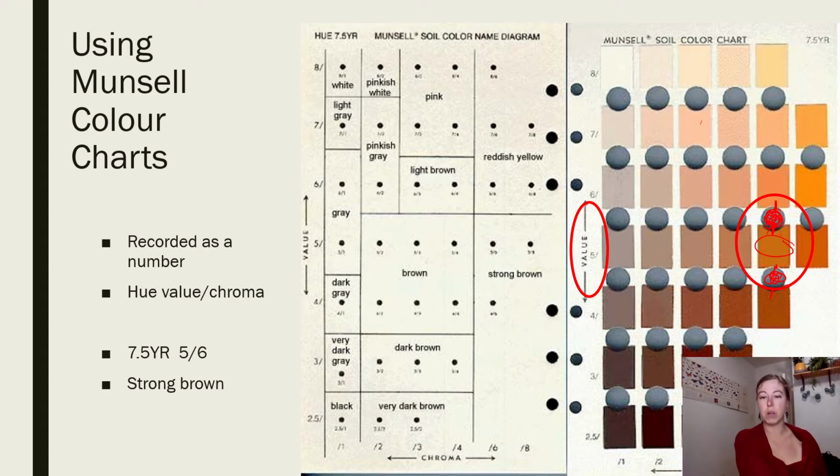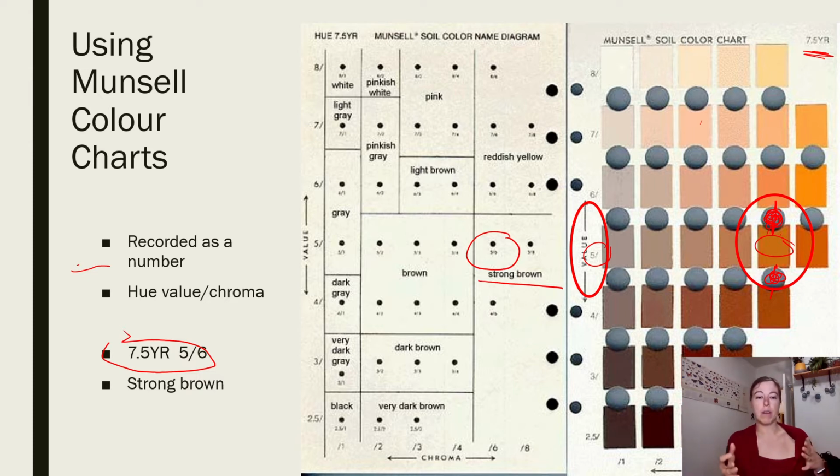If you decide on this one, then you have 7.5 YR, value 5, and then underneath my face here it's chroma 6. And that's how you would write it over here. And that happens to be this spot, which is strong brown. So that's how you'd write it in your profile. Strong brown, 7.5 YR 5/6.